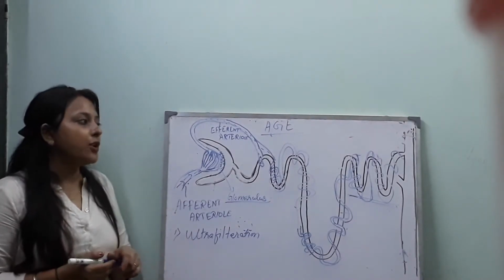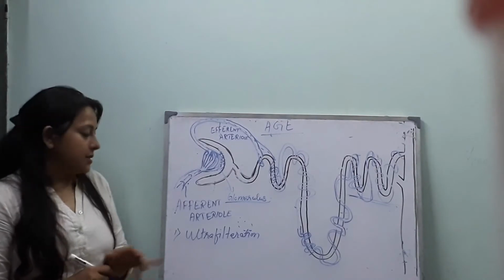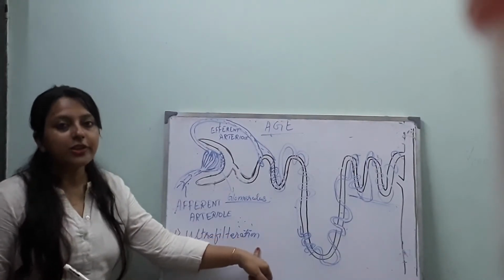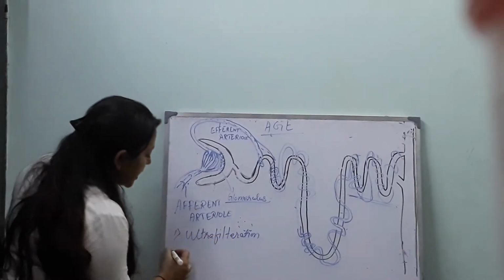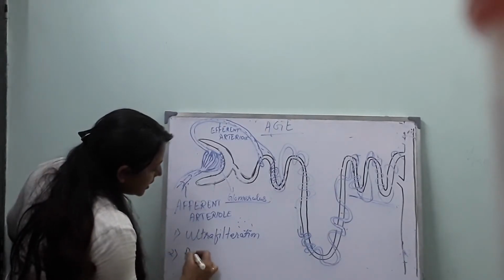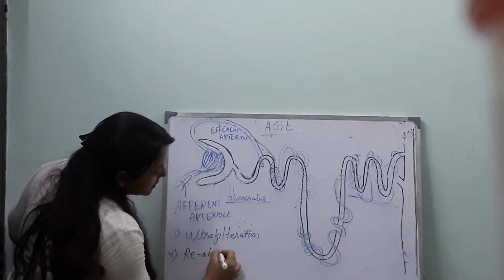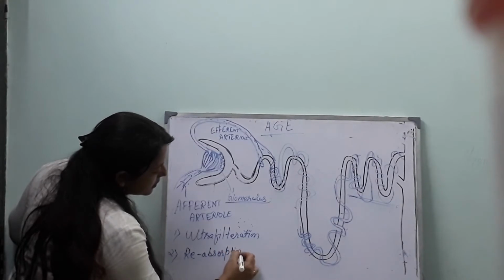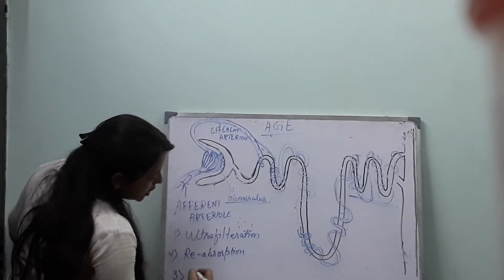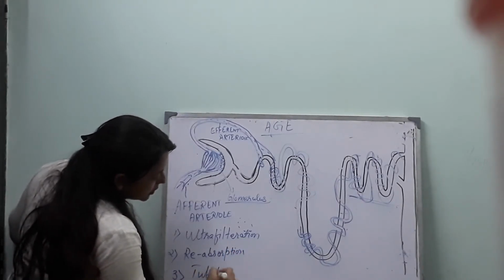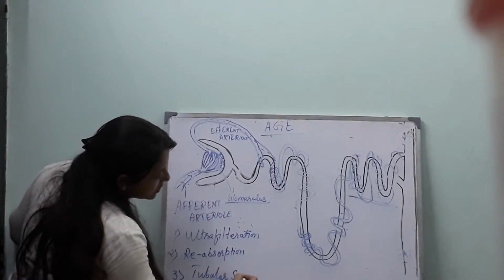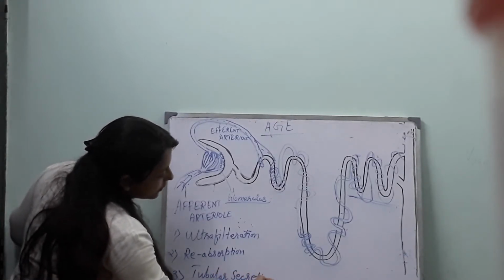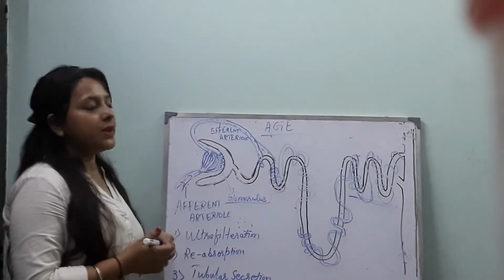Urine is formed inside our kidney by three processes: first is ultrafiltration, second is reabsorption, and the third is tubular secretion.